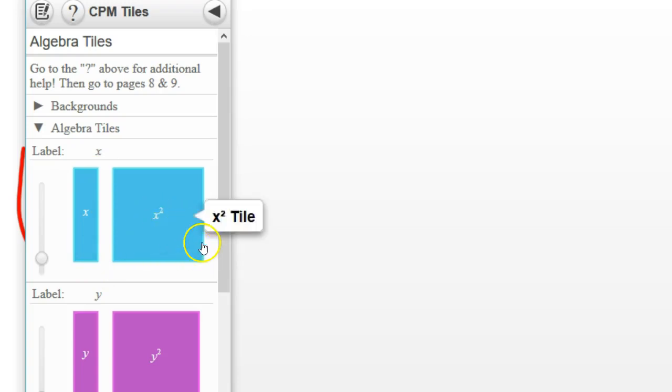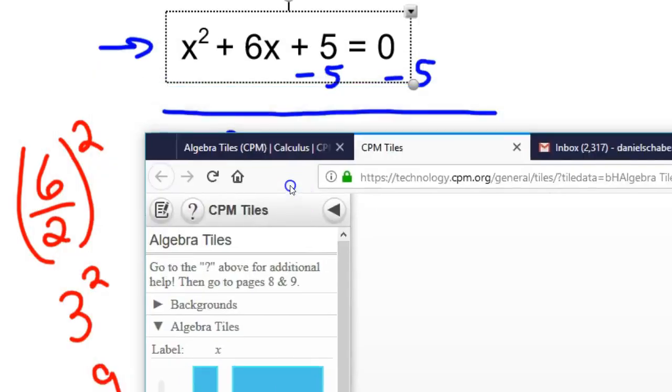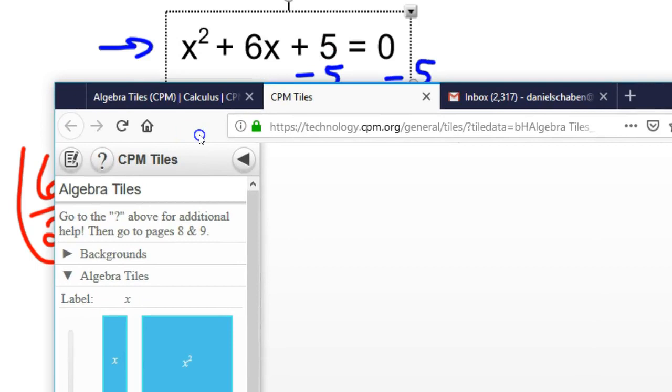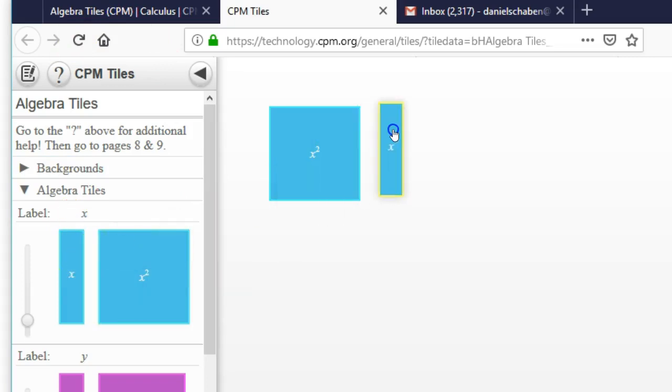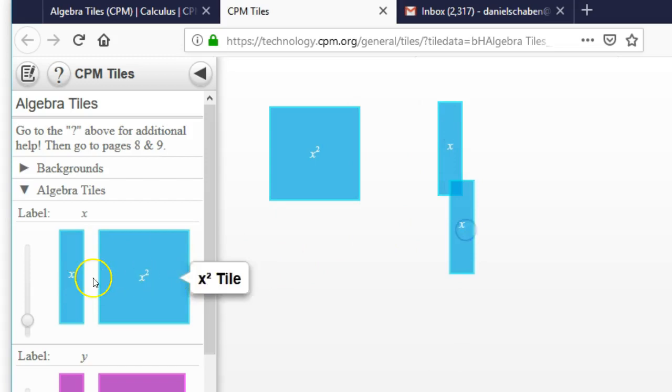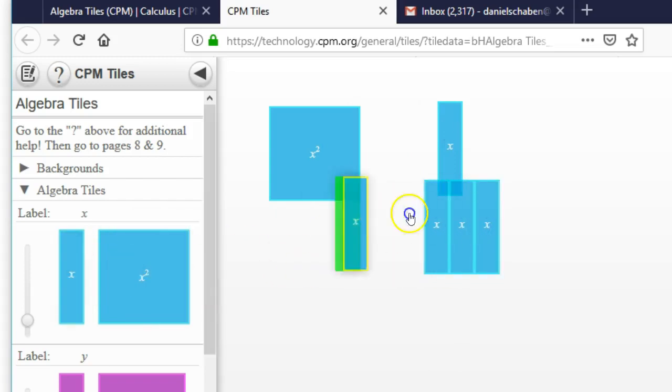It's that length squared. And so, I gotta look back here, we need x squared. So we'll pull an x squared. We need 6 x's. So I'm just going to stick them here. 1, 2, 3, 4, 5, 6.